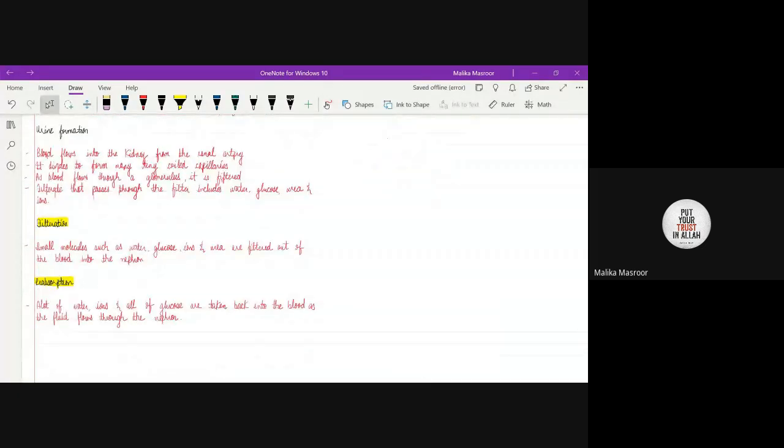But just remember that not all of it is lost from the body, only 1% is lost in the form of urine. The rest of it is still there.